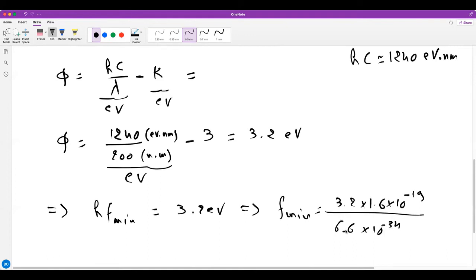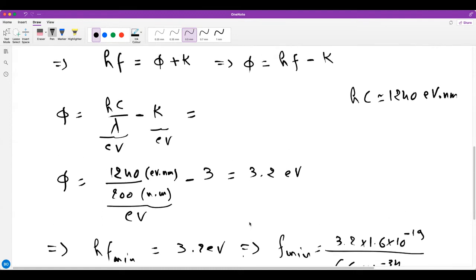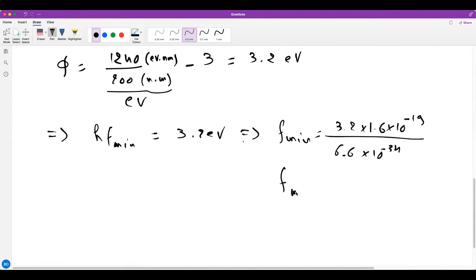Doing the calculation, this will give us a frequency of 0.78 times 10 to the power 15 hertz.